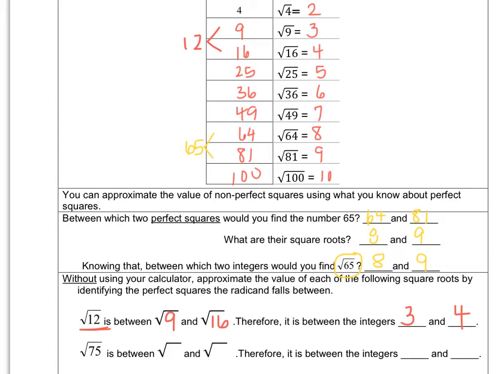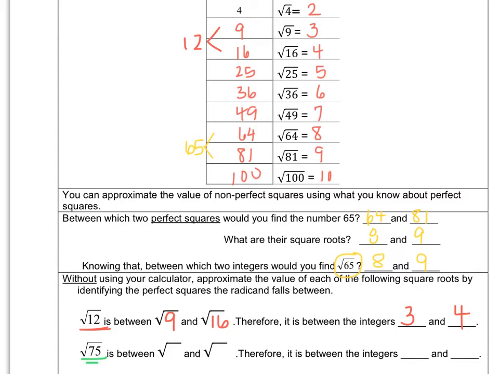Go ahead and try 75 by yourself. Pause the video and see if you can do it, and then restart the video and check your answer. Okay, square root of 75. We know 75 comes between 64 and 81.